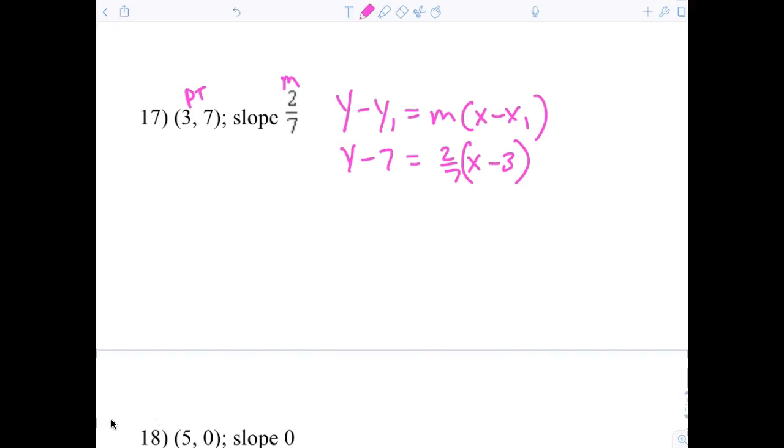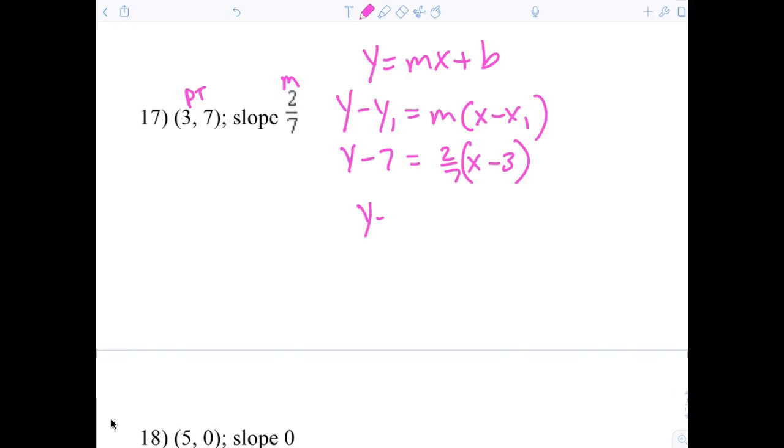Now, what form am I supposed to be in? Slope intercept. That's okay. Slope intercept. So if I'm supposed to be in slope intercept, that means I'm turning it into y equals mx plus b, which just basically means I'm solving for what? Solving for y. So I distribute the 2/7, which is good to do for our fractions.